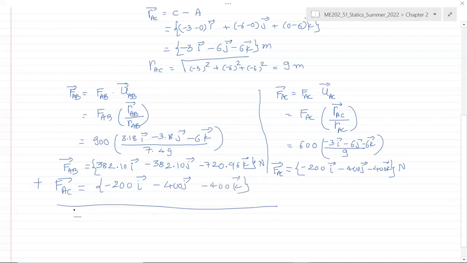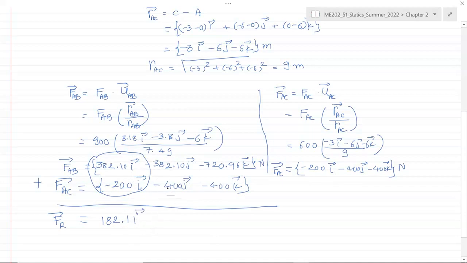And then the addition of these two is our resultant force FR. So we just combine i components with i components. So it's 382 minus 200, so that is positive 182.1i.